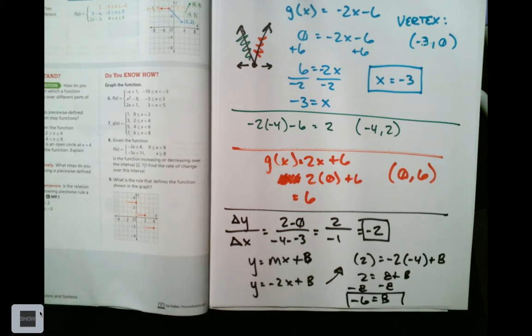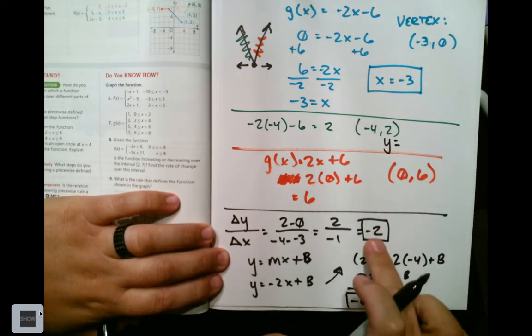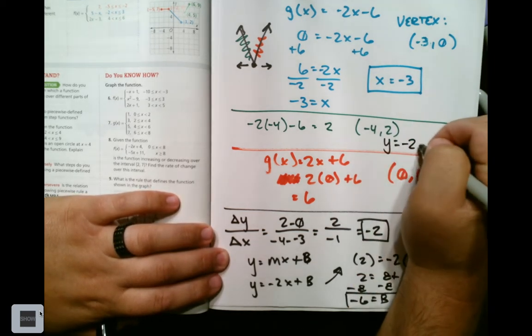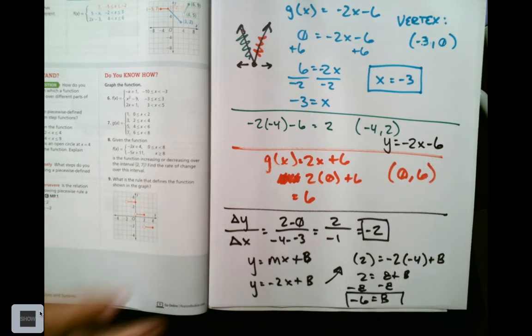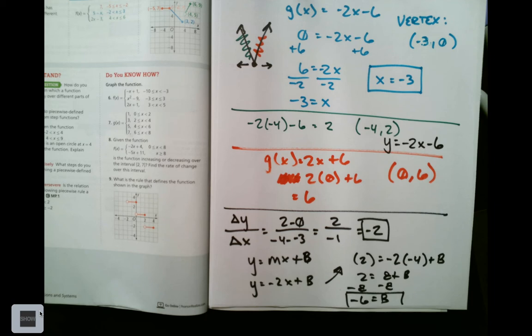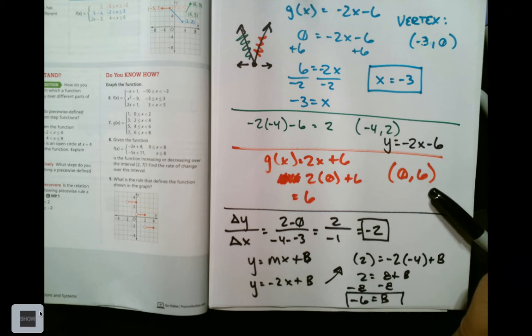So I know that that green equation is going to be y equals, again, slope is -2, and my y-intercept is -6. I do that same exact process for the orange equation. I've already got my 2 points, my vertex, and then 0, 6.